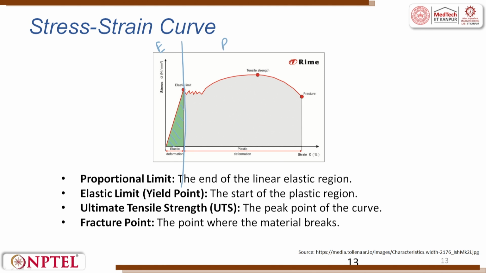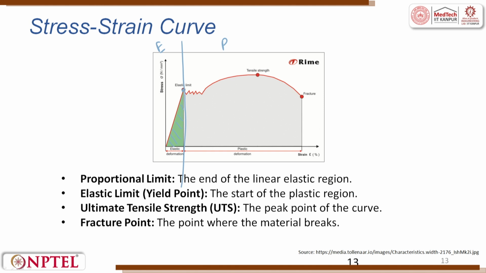For approximation, many a times we take the triangle formula and use it to find the area under the curve. The proportionality limit is the end of the linear elastic region. The next one is the elastic limit, which is the yield point, the start of the plastic deformation, the plastic region.